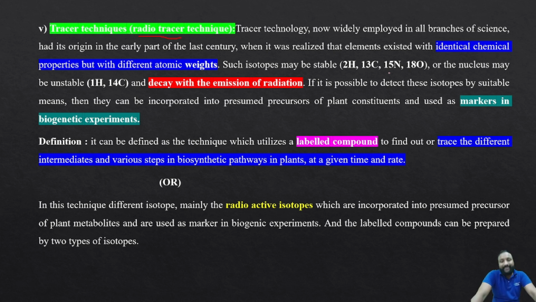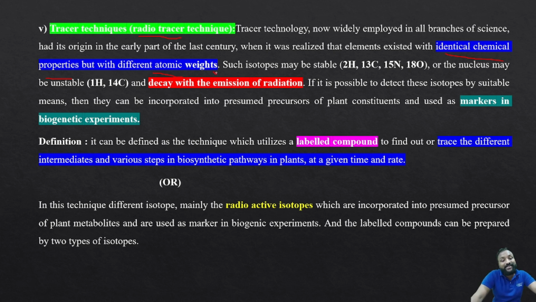Almost all atoms or molecules have identical properties along with some atomic weights, but in some cases a particular molecule has the same identical properties but a different atomic weight.